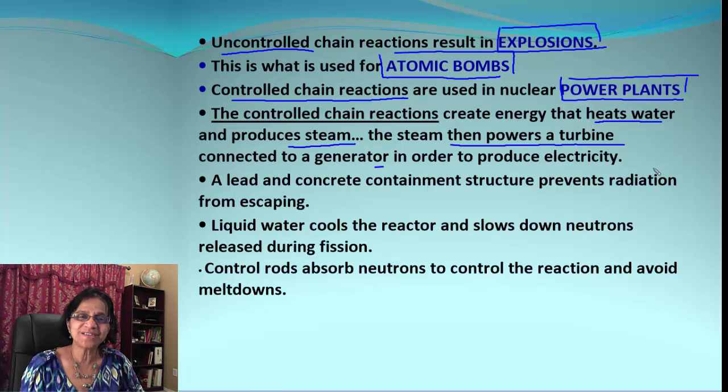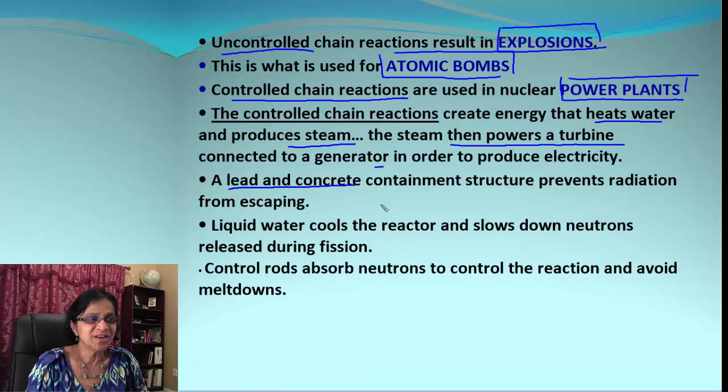So as you notice, the process runs in a cycle and we can end up having electrical energy from nuclear reactions if we control them. Now, in order for us to control these nuclear reactions, there are some precautions. One of them is we use lead and concrete structures to make sure the radiations will not escape.